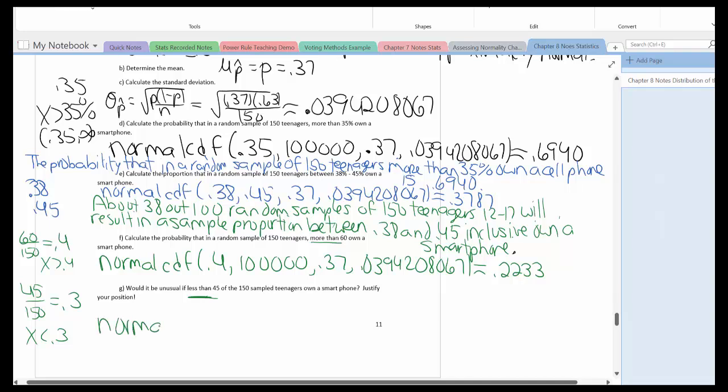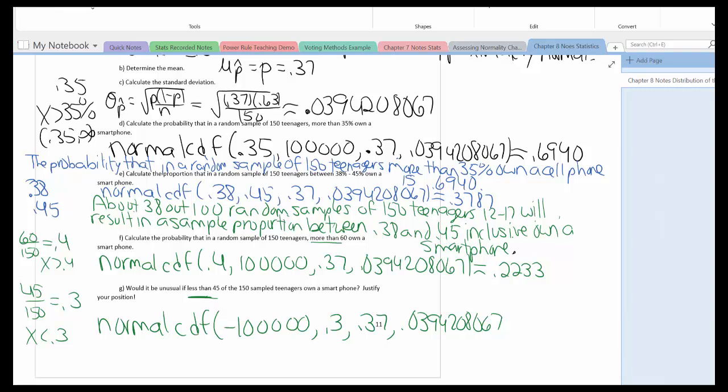All right, normal CDF, that's going to be negative 100,000, comma, 3/10, comma, the mean, comma, the standard deviation. And I get this.